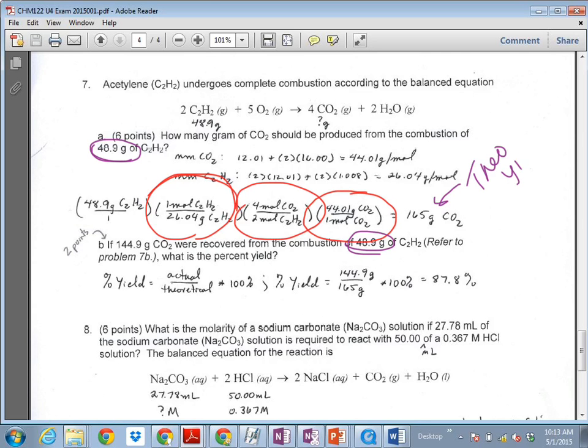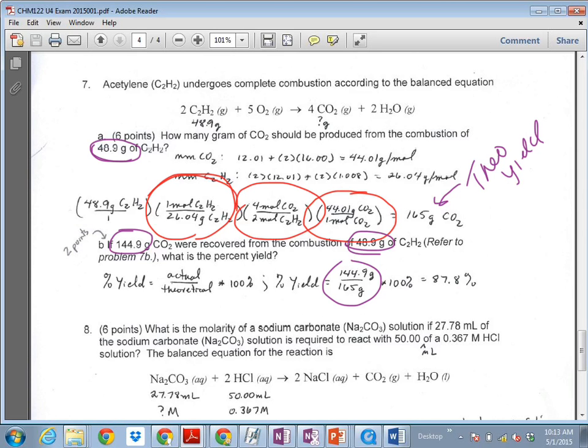The theoretical yield that you calculated there. So if that's our theoretical yield, now we can go ahead, and B goes on to say, what if instead of getting 165 grams, you only got 144.9? So that's kind of where the problem is. So basically it's a ratio of 144.9 grams over 165 grams right here. So that's where that goes.